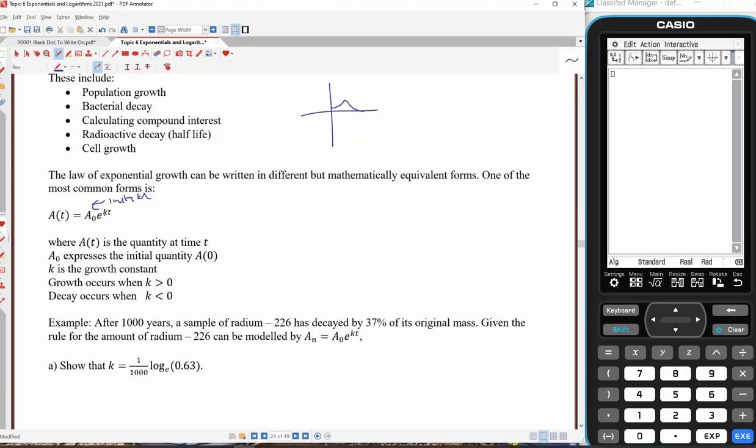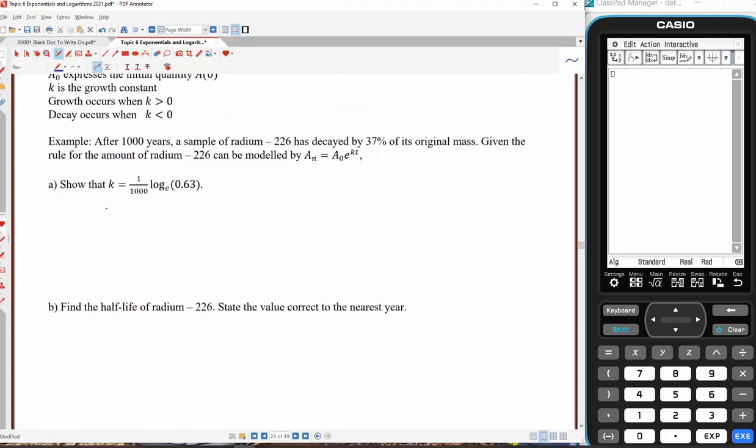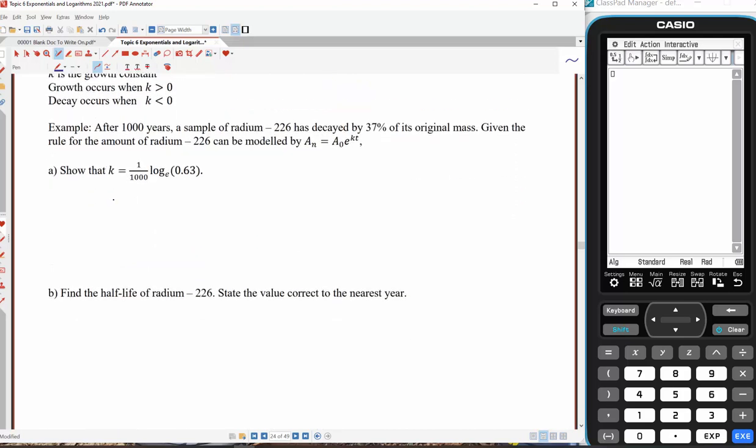Again, we can choose pretty much whatever base we want, but base e, remember, is the one that we want to use because it's easy to work with in terms of calculus. And then invariably, we have a k value, a dilation factor, to turn the graph into the model that we want.